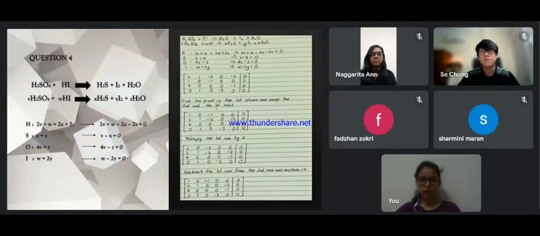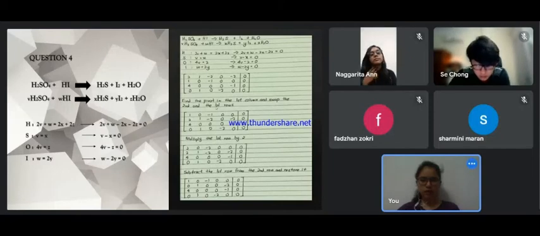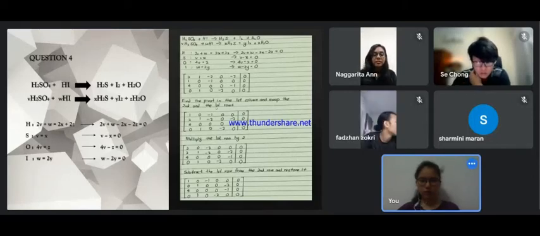Question 4. The equation is H2SO4 plus HI equal H2S plus I2 plus H2O, and equal vH2SO4 plus wHI equal to xH2S plus yI2 plus zH2O. For H, the equation is 2v plus w equal 2x plus 2z.